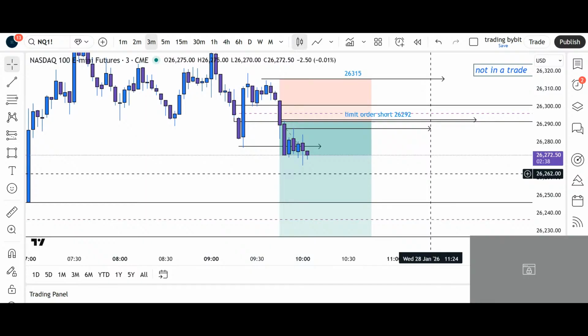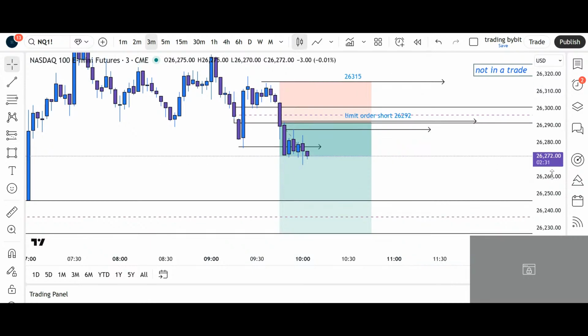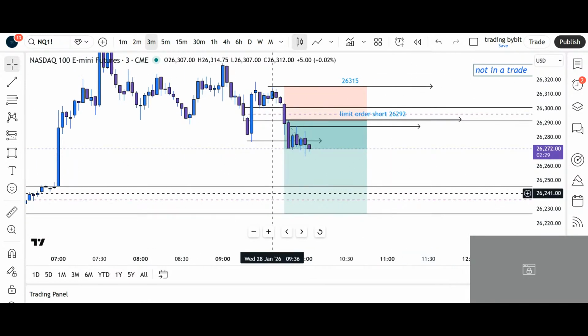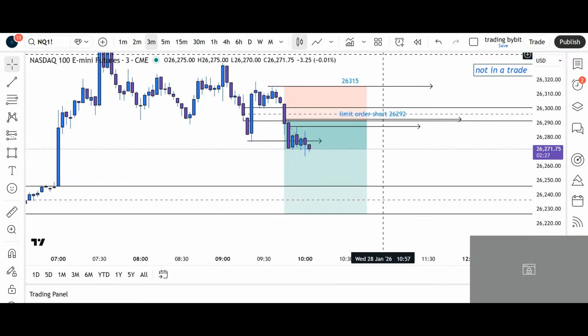If this moves without us, I'm not entering it again. I'm just letting the market do its thing, and I will be patient for the trade that actually shows us the market is coming back up.